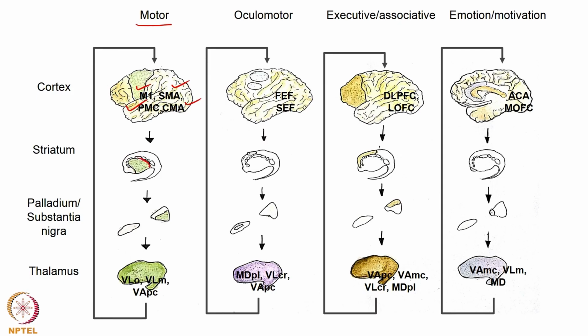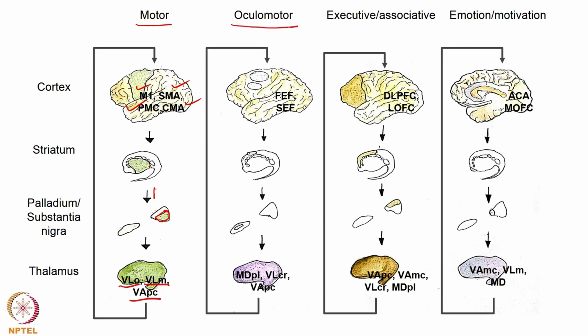Please look at the highlighted area; it is coming to putamen. Then it goes through the pallidum and the substantia nigra pars reticulata, and from there it projects to the thalamus. In the thalamus it projects to distinct nuclei here, right.